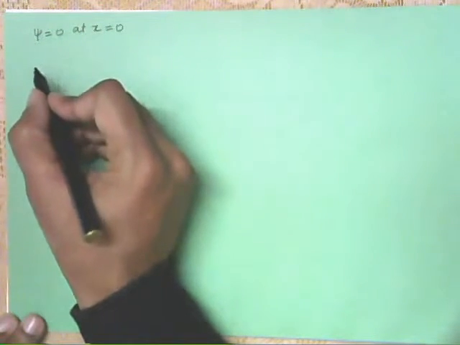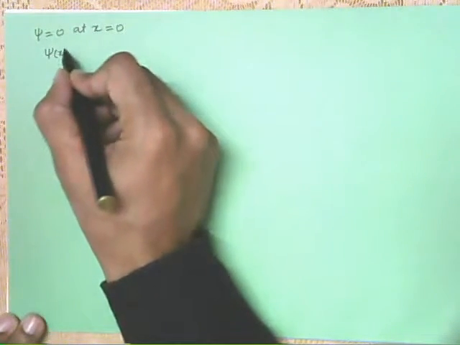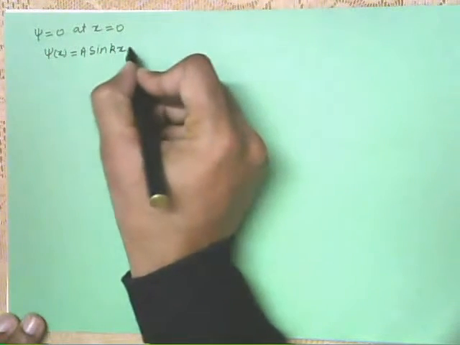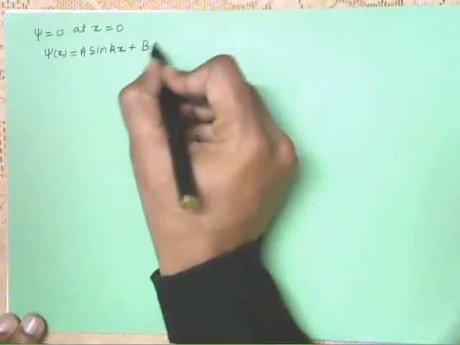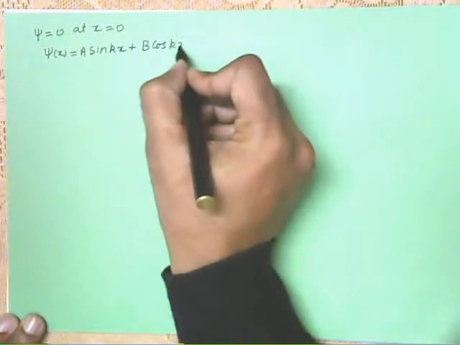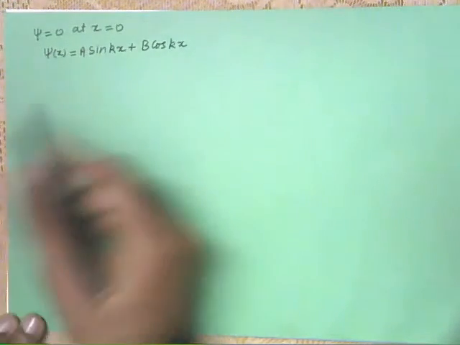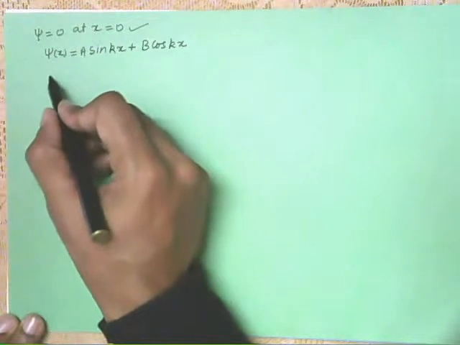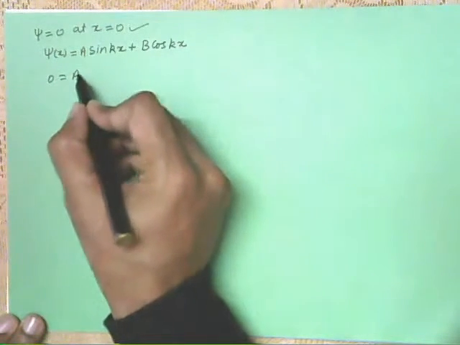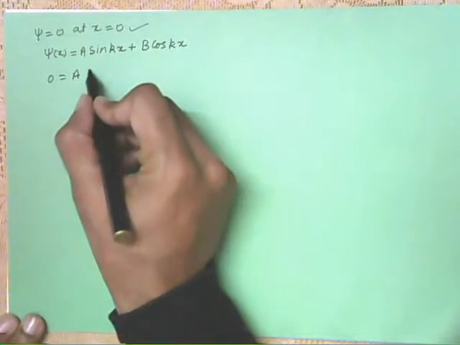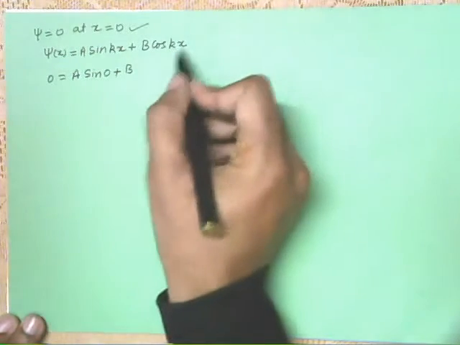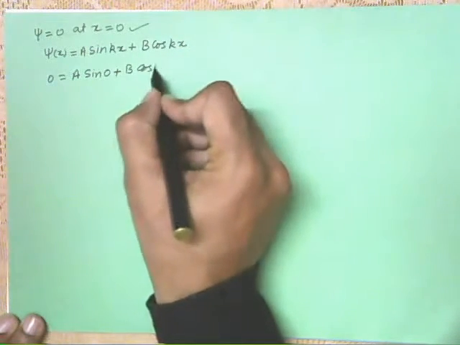So equation number 4, ψ(x) = A sin kx + B cos kx, is our equation, and this one is the boundary condition. So ψ(0) = A sin(k·0), because x is 0, plus B cos(k·0).